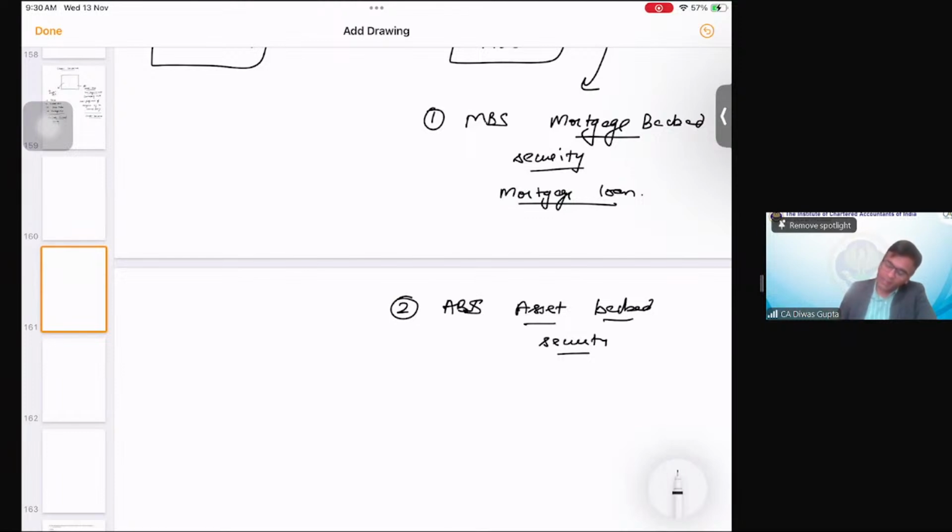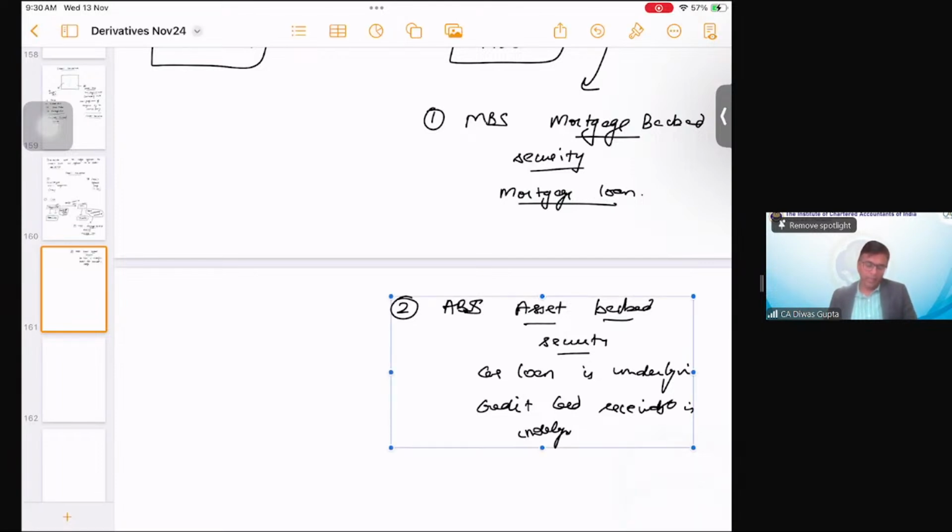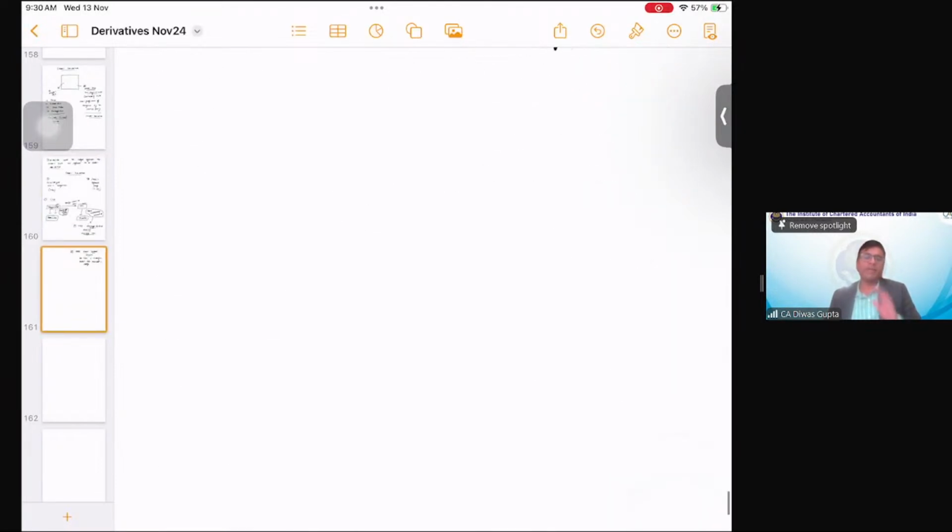I am assuming a car loan is underlying, or let's say credit card receivables are underlying. Okay. Clear? So these are called asset backed securities. This we have already covered in securitization. Now let me take you through how it is relevant to collateralized debt obligations.